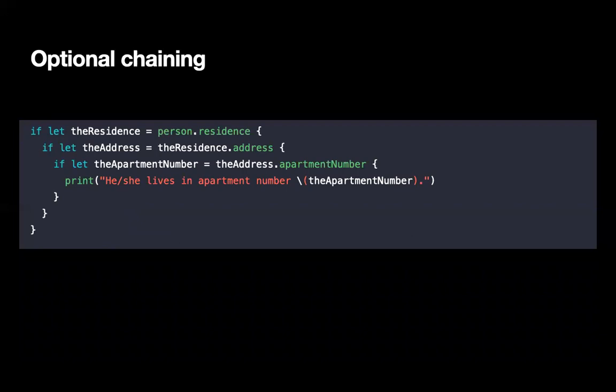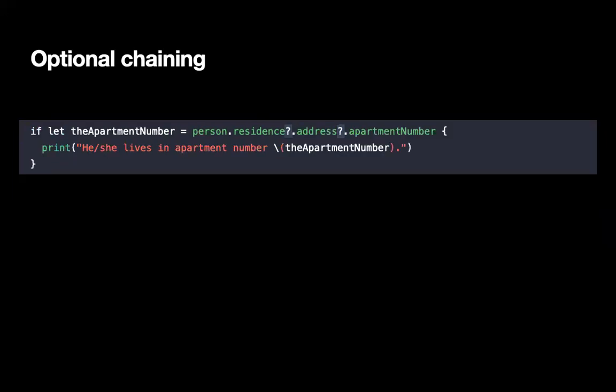But you can do this in a better way using the construct known as optional chaining. You can go for it like this, by chaining: if let apartment number is equal to person dot residence optional dot address optional dot apartment number, then she lives in the apartment number. When chaining together optionals, a question mark appears before each optional in the chain.